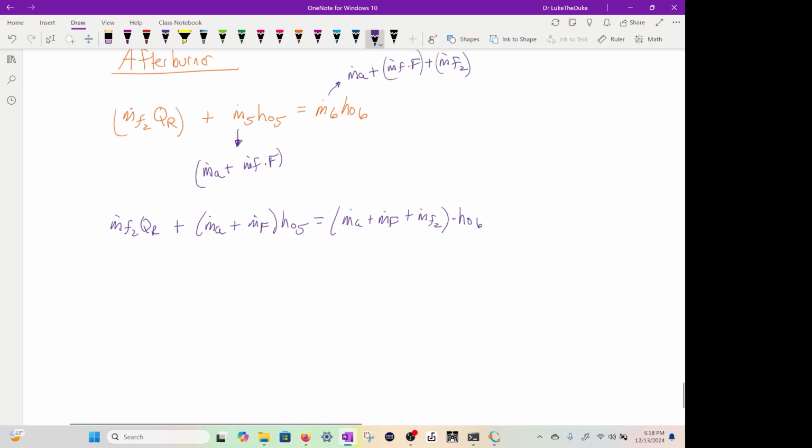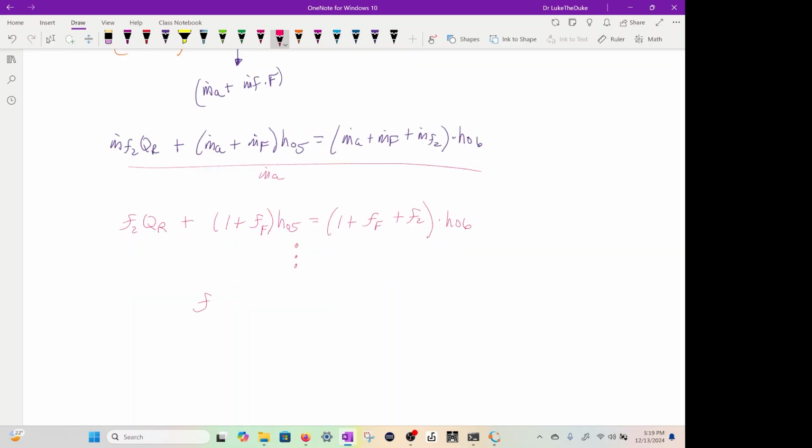And we can divide every term by m_a, and we end up getting this: F2 Q_R plus 1 plus F, where F is a fraction, times h_05, equals 1 plus the fraction F plus F2 times h_06. You can solve for F2. Just remember, there's this term and this term.